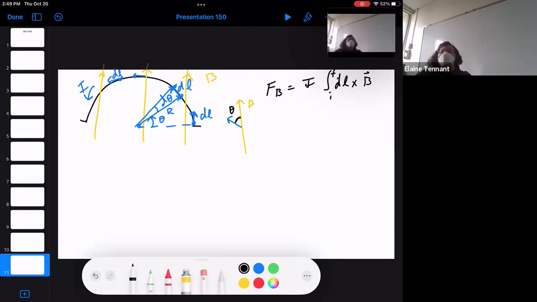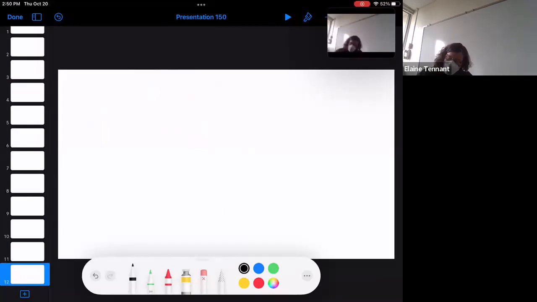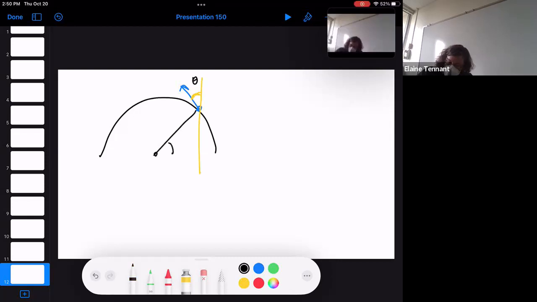I have one person comfortable with this and a few people looking very uncomfortable with it. Should we look at it some more, or do you feel satisfied? Okay, I'm sorry, guys. You either need to say you believe it, or you're in for a whole lot of math here. I'm trying to figure out if this angle right there is the same as this angle right here.